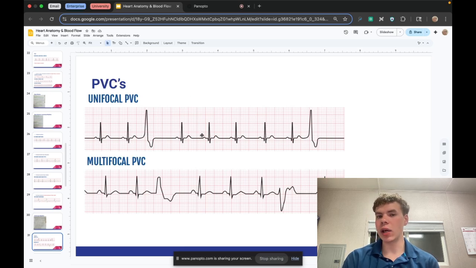But in reality, they're only actually beating about 30 times per minute, because you can feel their radial pulse, or carotid, and you can say, okay, when they have a PVC, I don't feel a pulse, right?